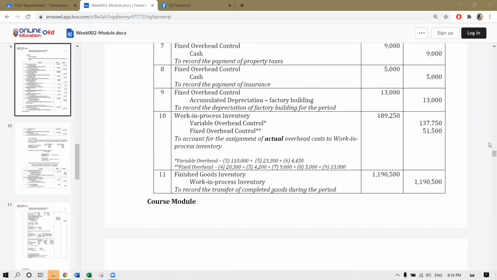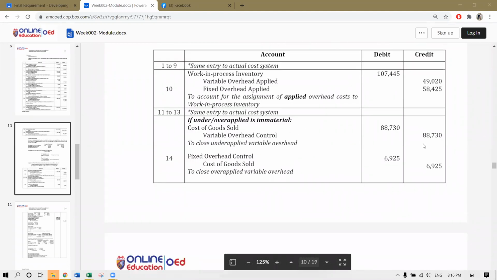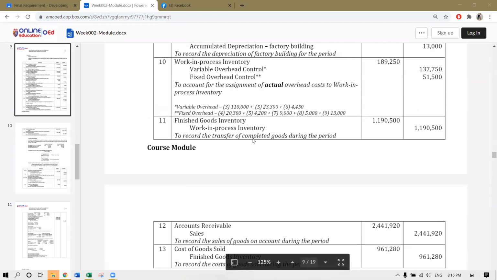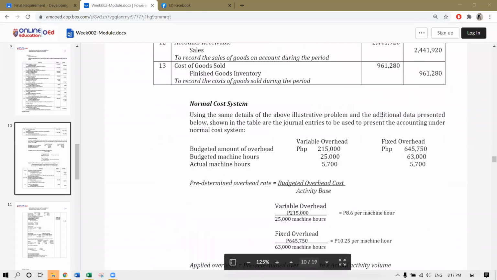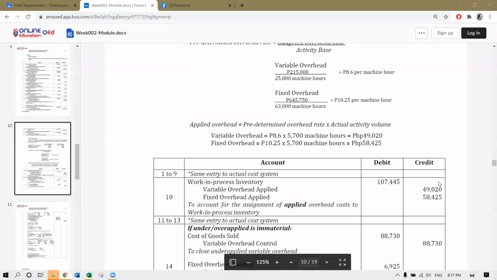137,750 minus 49,020 gives an under application of 88,730. So the actual variable overhead cost was 137,750, which is what was actually spent, but what was recorded under the normal cost system was 49,020.